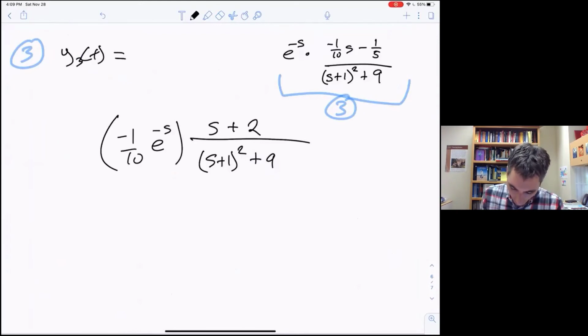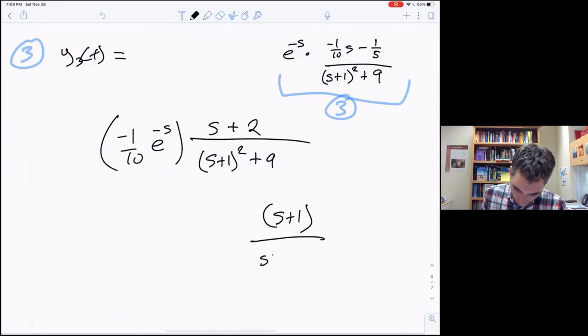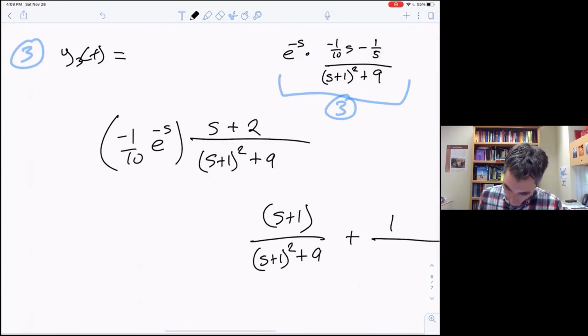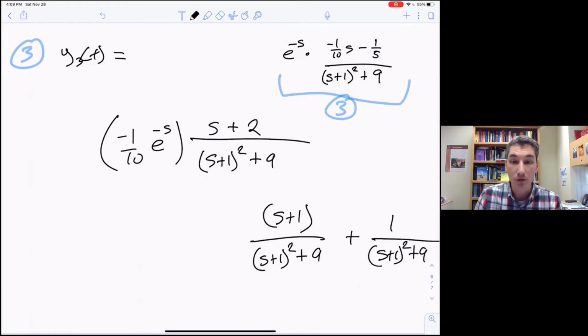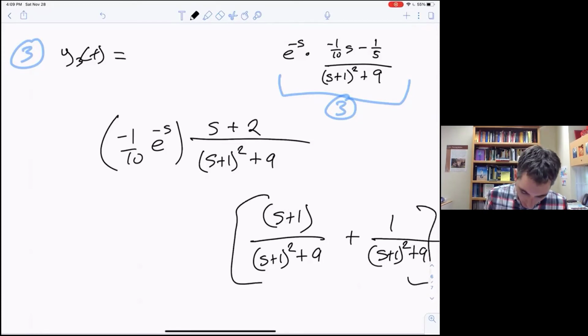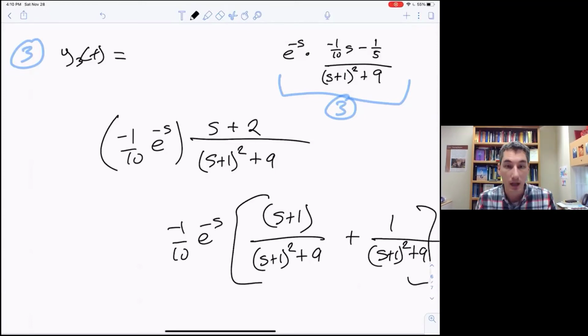What we really need is s plus 1 over s plus 1 squared plus 9. But then I can just write that as 1 over s plus 1 squared plus 9 because 1 plus 1 is 2, right? So I can separate it out, but then both of these are going to be multiplied by negative 1/10 e to the minus s, okay?